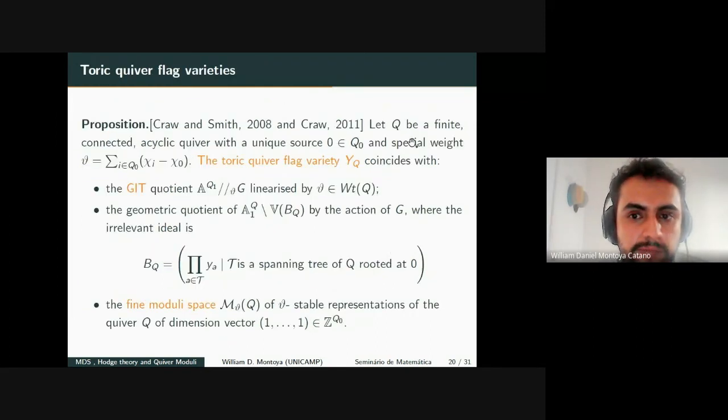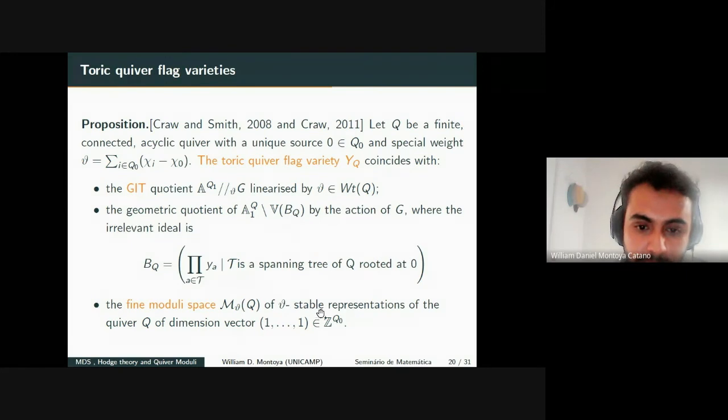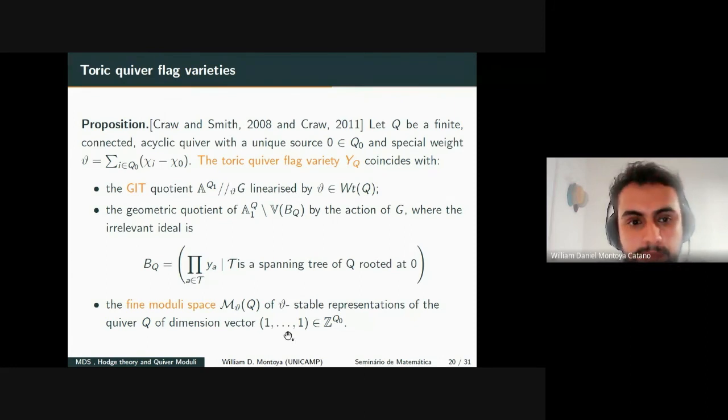And here is a very important result. If you have a quiver which is finite, connected, acyclic, with a unique source, when you play this GIT construction of the representations, you get exactly the same as if you remove the irrelevant ideal, and also, more importantly, you get a finite moduli space of theta-stable representations of the quiver with dimension vector, as I said, 1, 1, 1.